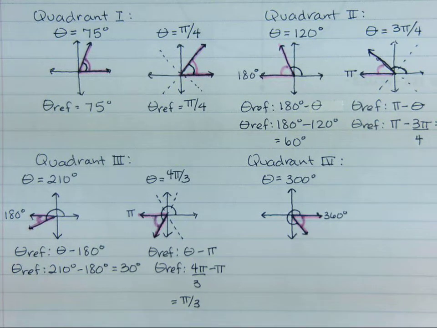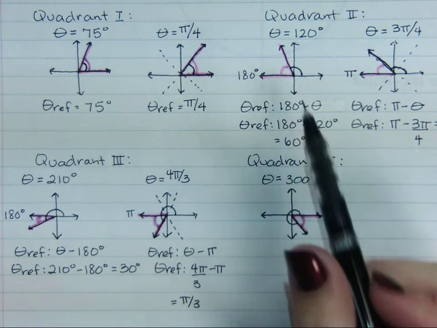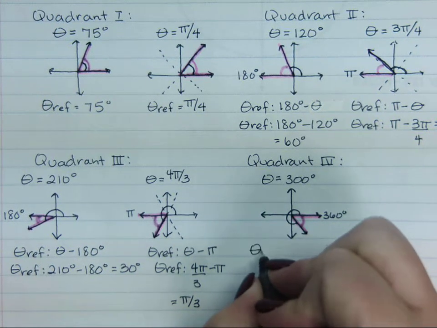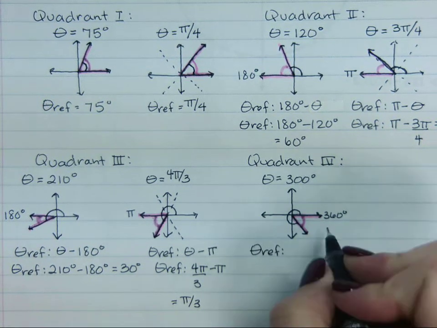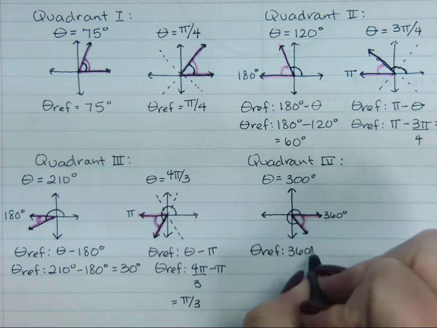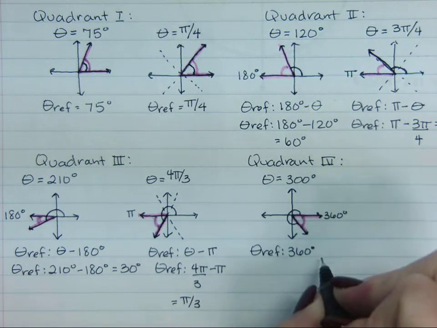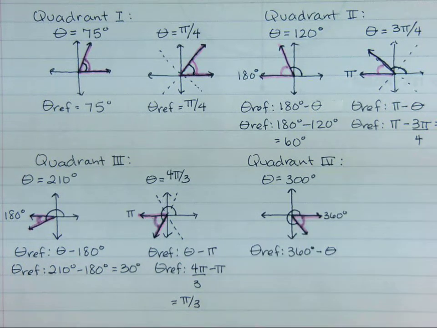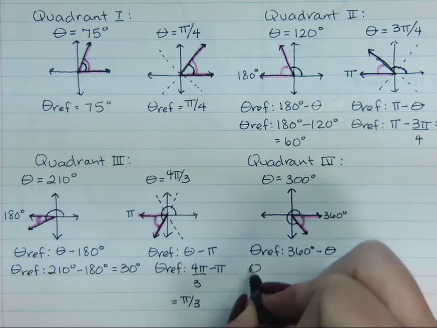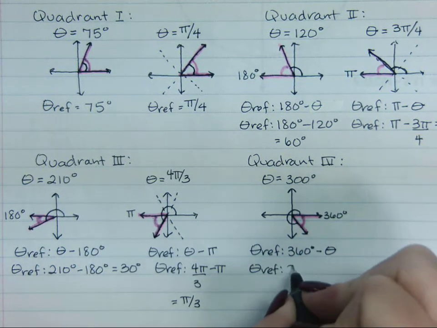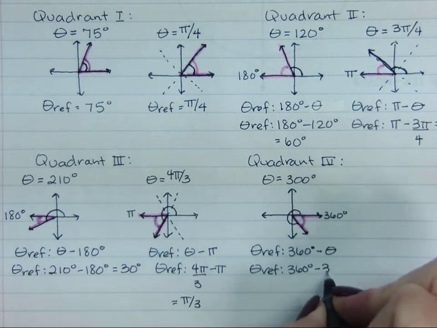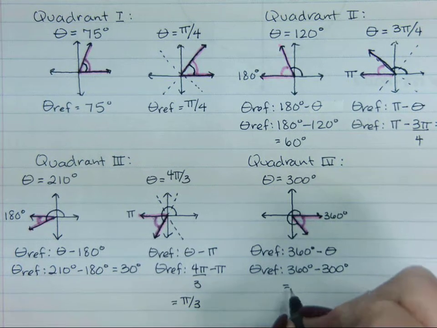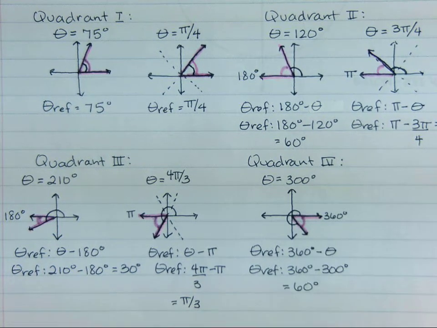So very similarly to what we did in quadrant 2, my guide to finding my reference angle is now going to be my closest x-axis, and my angle is smaller than that, so I'm going to have to subtract off my angle. And so in this case, 360 degrees minus my current angle means that my reference angle is 60 degrees.